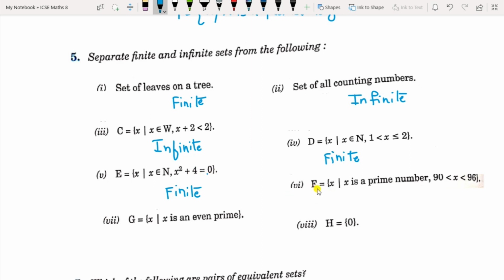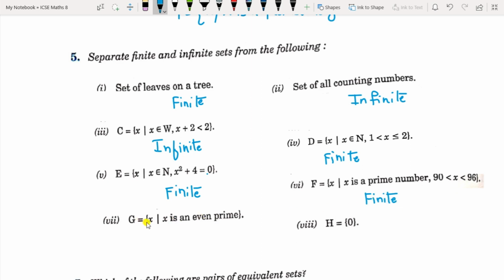Okay. So F equal to x such that x is a prime number between 90 and 96. So between 90 and 96 they are giving here. So you can see between 90 and 96 prime numbers are 91. Okay. Then 97. So these are finite.